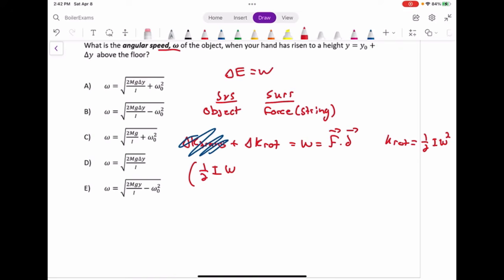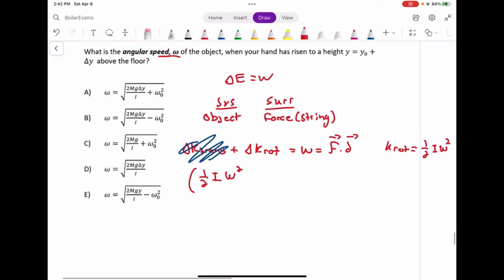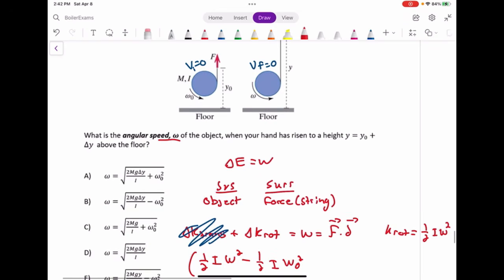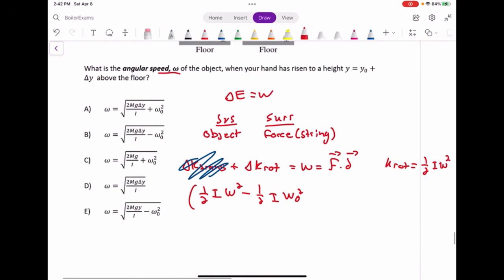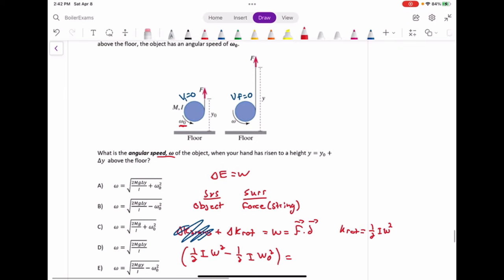I'm going to call the final angular speed just omega. Minus the initial, which is half I omega naught squared. And then that is equal to force dotted with distance. So that would be y minus y naught.